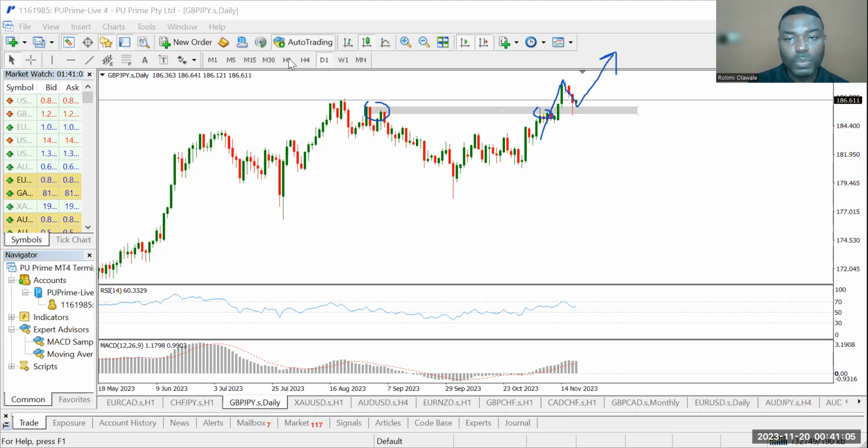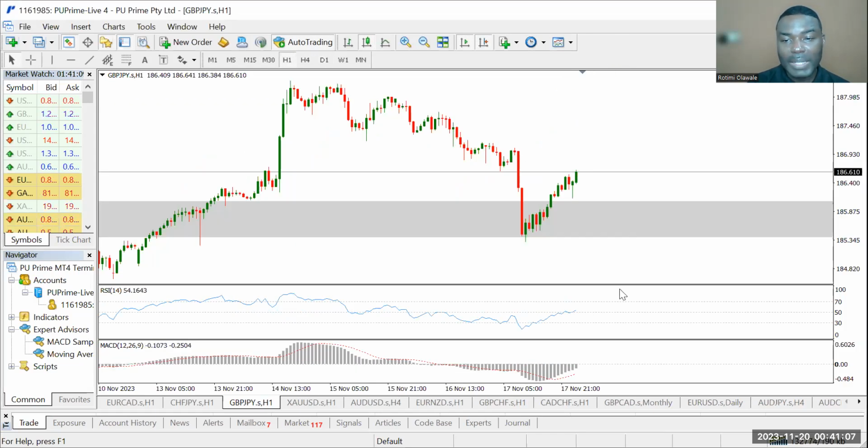So if we zoom down to 1 hour time frame, we see the pattern is almost looking the same. There's a possibility of price coming down to form a double bottom and continue bullish. That's a possibility. And another possibility is that price could actually break out above the trend line and keep going up.